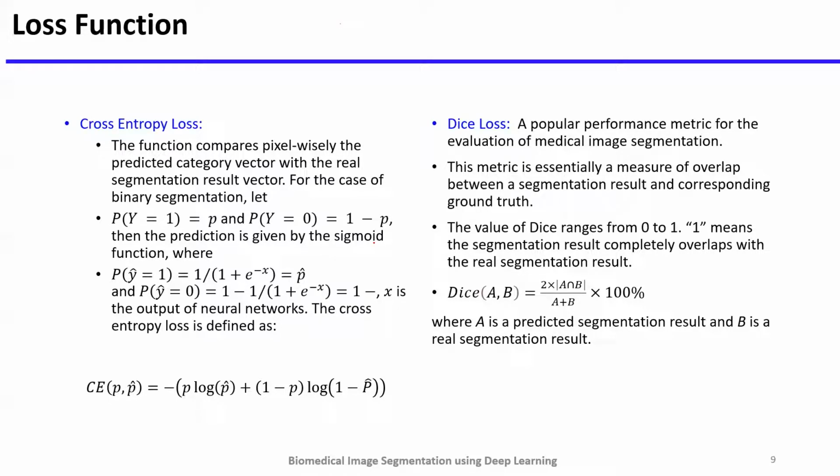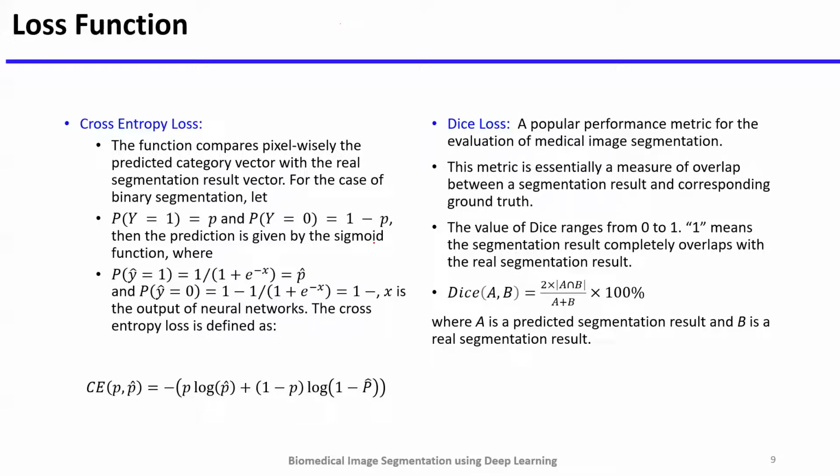Once the two things are identified, the next task is how we are going to measure the error. So how the error function could be used, and especially in image segmentation, what researchers are using, I will tell you.